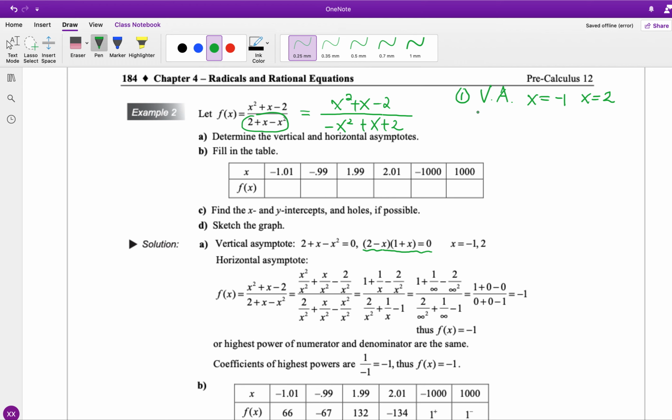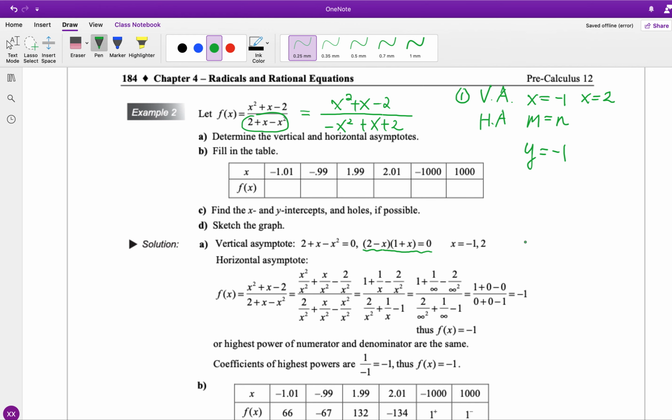Now our horizontal asymptote: because the highest power on top and the bottom are the same, it will be the fraction of the leading coefficients, and therefore y equals negative 1.